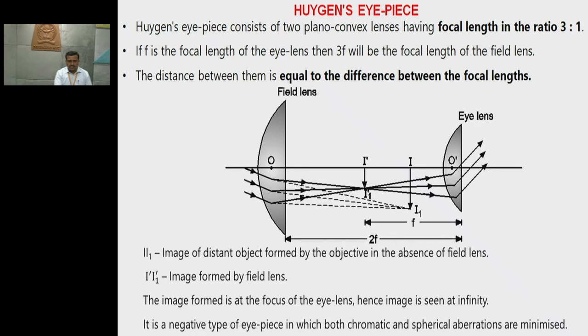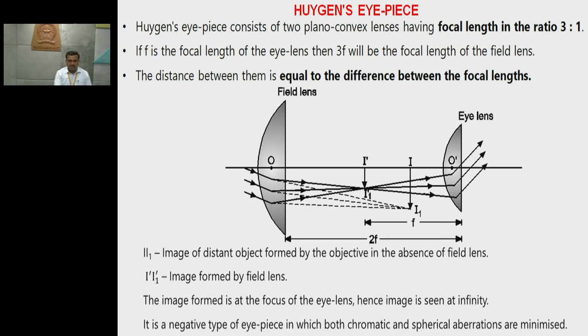In the diagram you can observe I1, it is the image of a distant object formed by the objective in the absence of the field lens. Note here the objective lens is not shown in the figure. The parallel rays from the objective are incident on the field lens and they form the image at I1 dash.